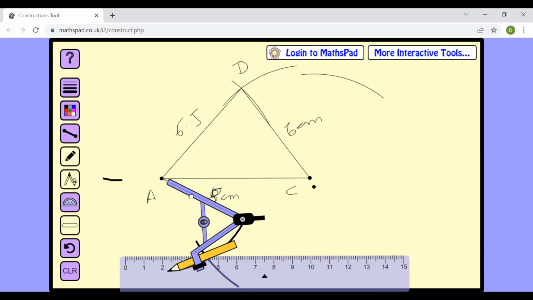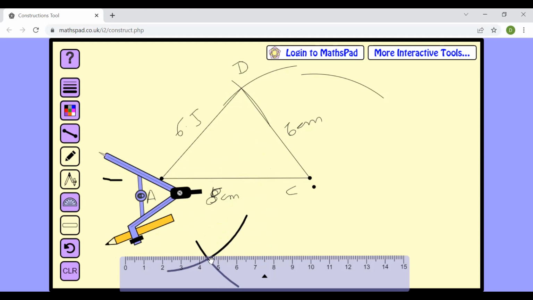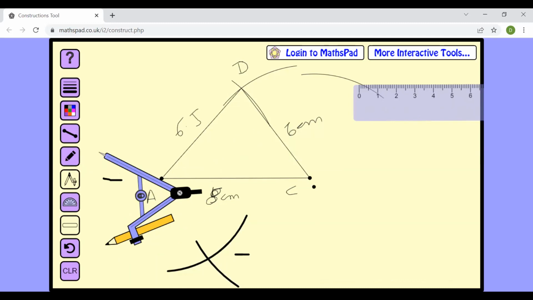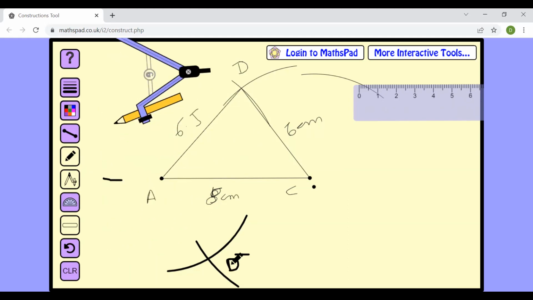Now see, they are intersecting each other at point D. So you can mark this point as D. Now you got the point D. Now take the ruler and draw the line joining point D to C and point A to D. This is of 7 centimeter and AD is 5 centimeter.